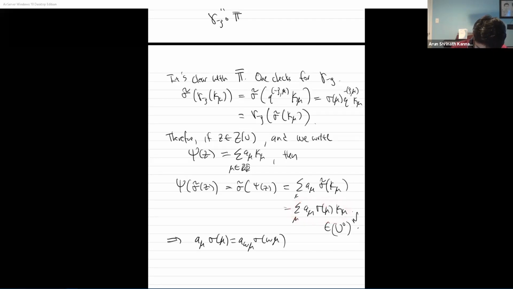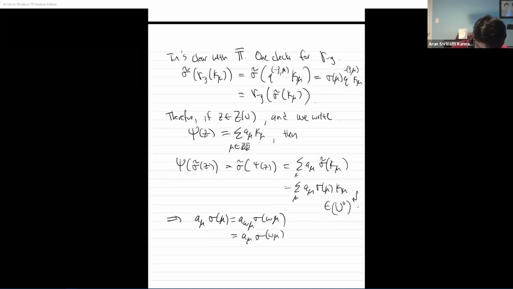And then from W invariance of psi of Z itself, this is A mu sigma W mu. So that means that if A mu is non-zero, that implies that 1 is equal to sigma of mu minus W mu. This is for all W in the Weyl group. Okay, and so then you can take W to be simple.